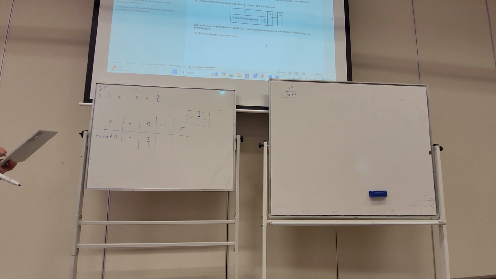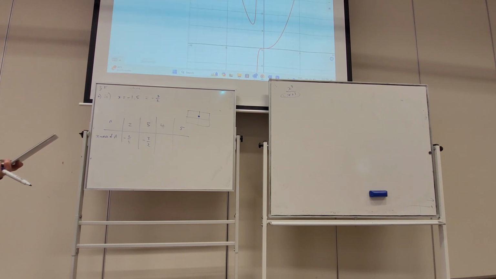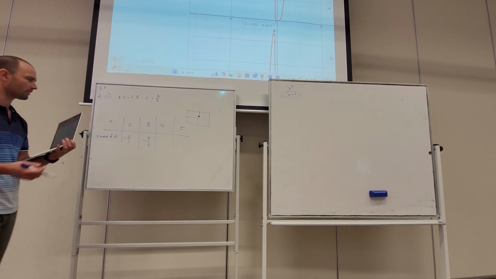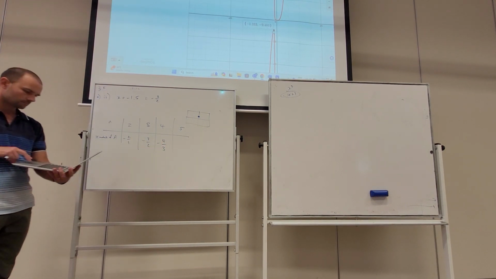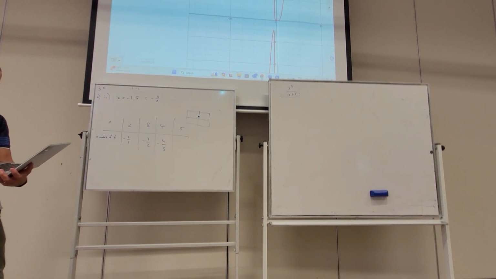So that means I need to sketch the function x to the 4. There's a minimum at 0, and another stationary point here. -1.3, that's the same as 4 on 3. And then n is 5.